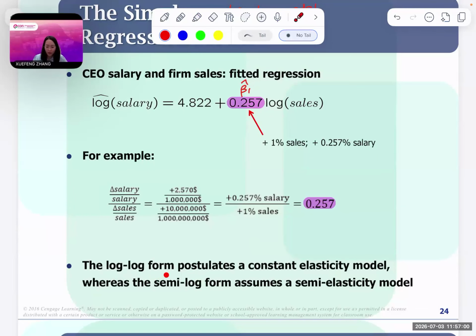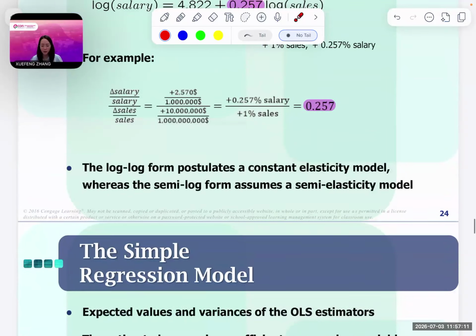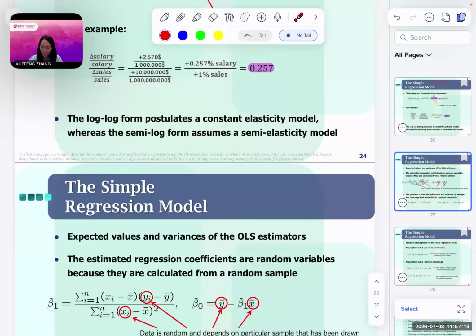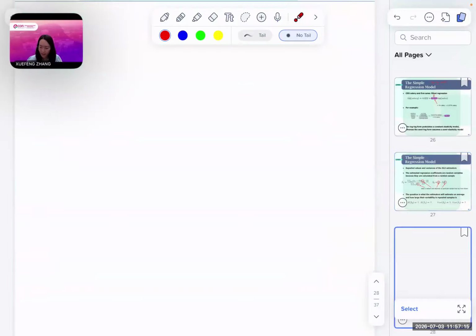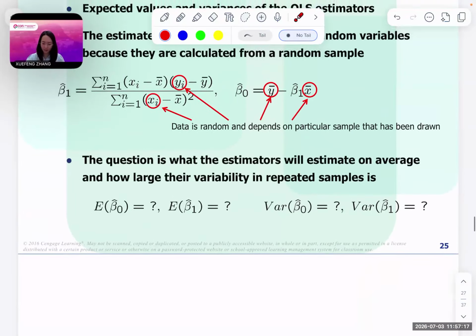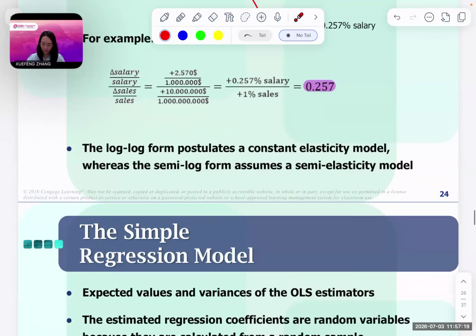The log-log form postulates a constant elasticity model, whereas the semi-log form assumes a semi-elastic model. What does it mean? Let me add the page. What does it mean?